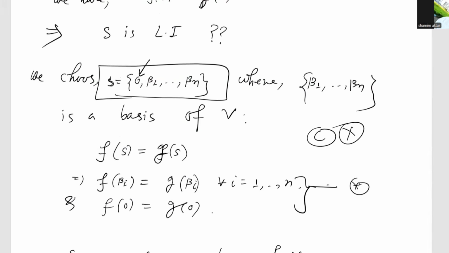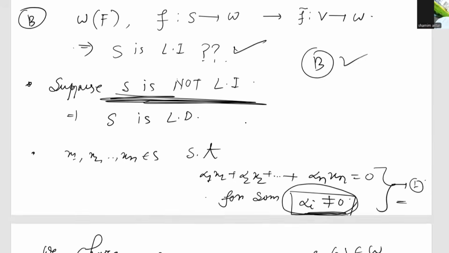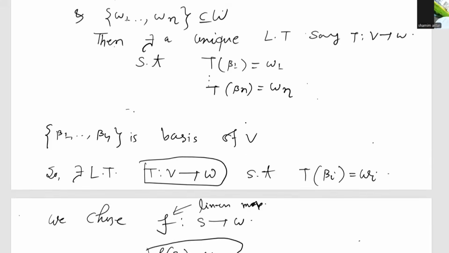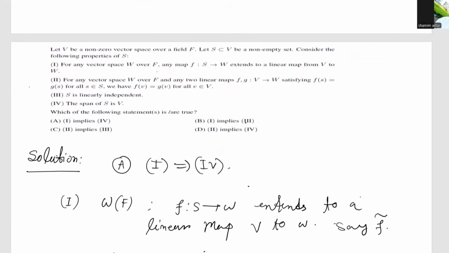Now option D. Option D says statement 2 implies statement 4.